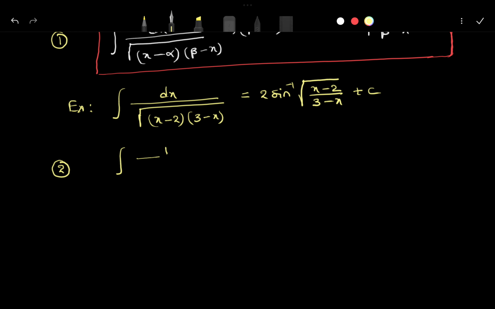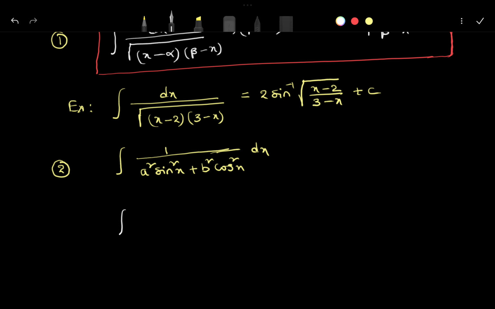Integration of 1 whole divided by a square into sine square x plus b square into cos square x dx. So this one is very important for NCERT, board examination, CBSE or PU examination or state board examination, any examination. It is one of the most important questions. This one we can use as a shortcut. So how can you do this problem?